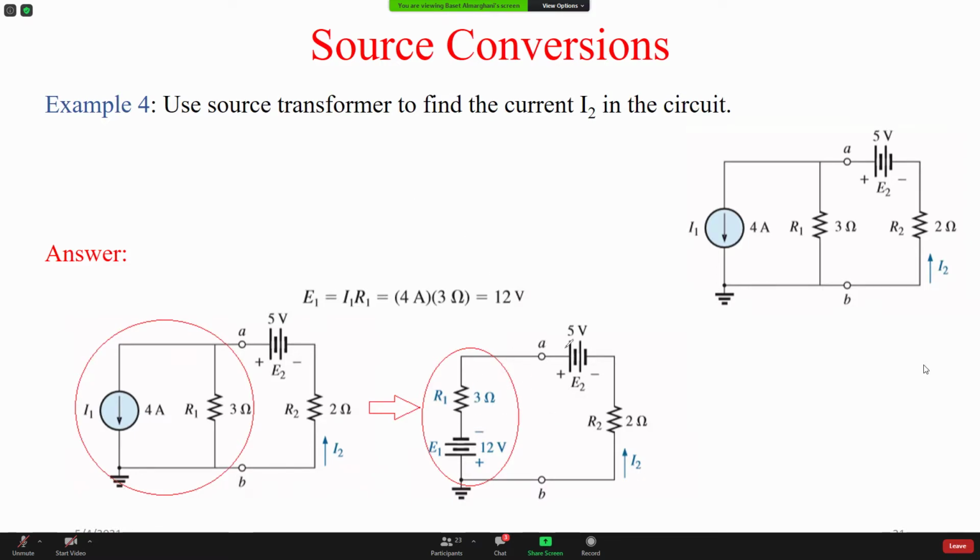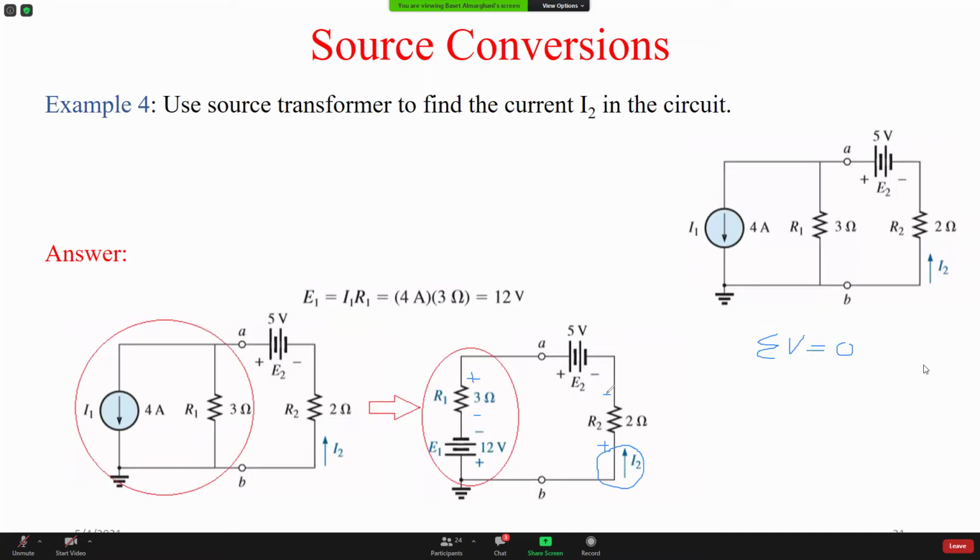Now in this circuit there is one loop, so there is one current, which is what they want, I2. According to this current, the polarity of the voltage here is like this, and the polarity here is like this. I can use Kirchhoff's voltage law: the sum of the voltages in a loop equals 0.